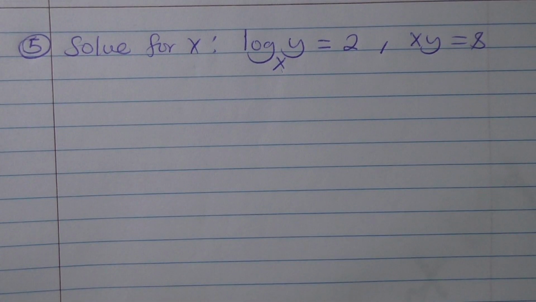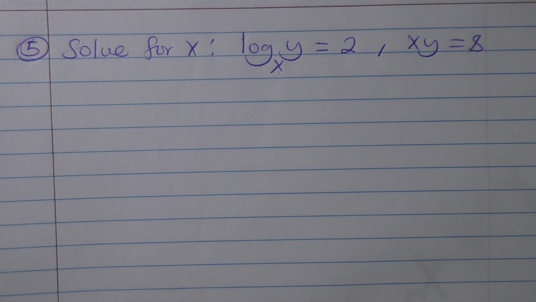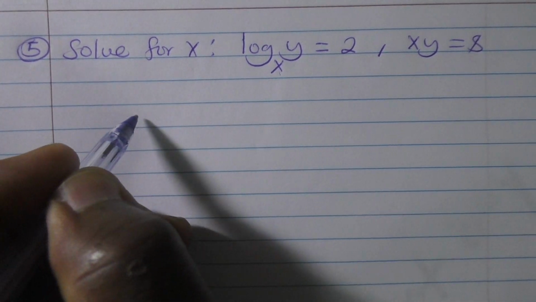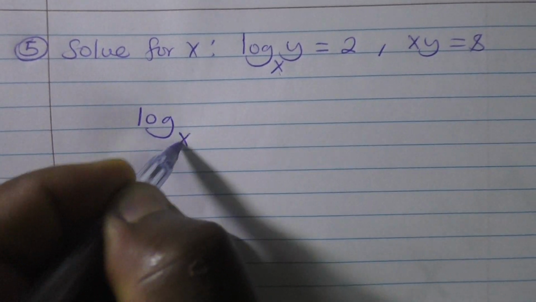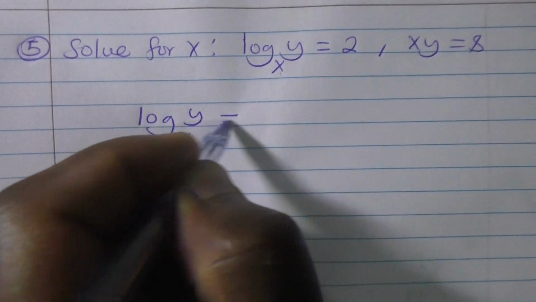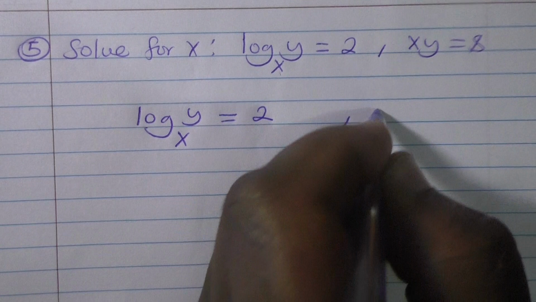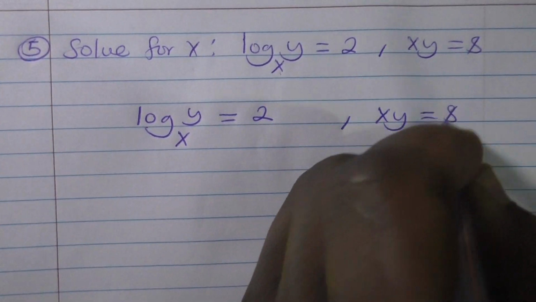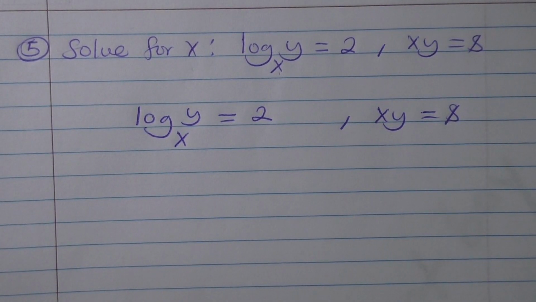So this one is a unique number, but one that can be easily solved using the rules of logarithms that we saw in our very first lesson of logarithms. So we have log base x power y equaling 2 and then xy as 8. They want us to solve for x.